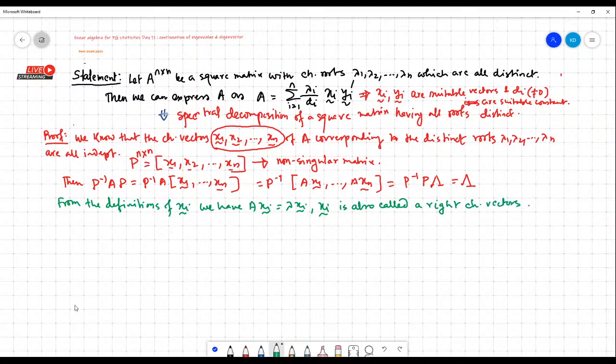Now we know the characteristic roots of A and A prime are equal. You can check this thing; it is very trivial.